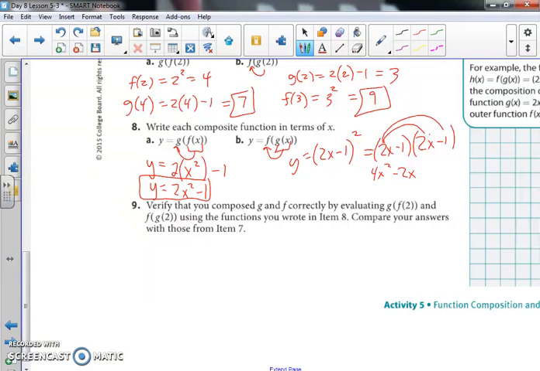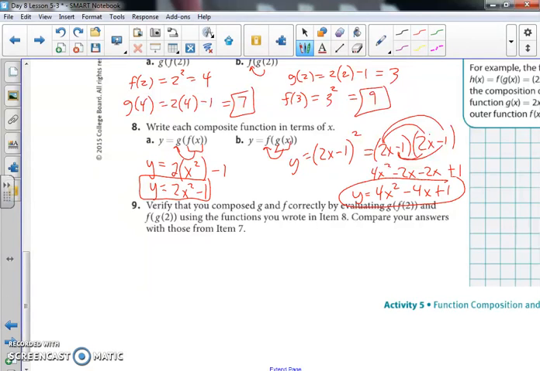Then you do the insides: negative 1 times 2x is negative 2x. Then the last: negative 1 times negative 1 is positive 1. The only two things you can combine are the minus 2x and minus 2x. So your new equation is y equals 4x squared minus 4x plus 1.